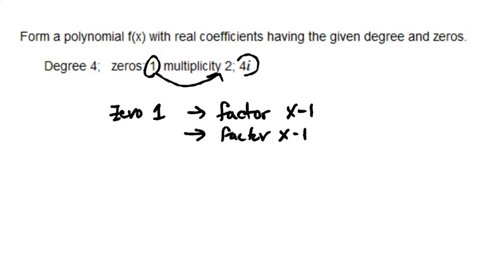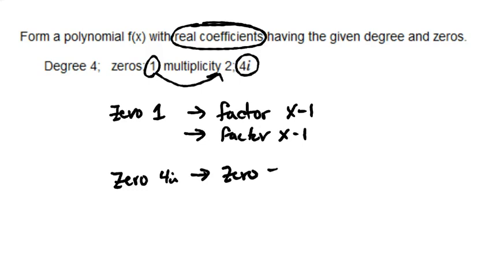Then we notice that we have a complex zero of 4i. And as long as our polynomial function has real coefficients, we can use the conjugate pair theorem to state that we also have a zero of negative 4i, the conjugate of 4i.